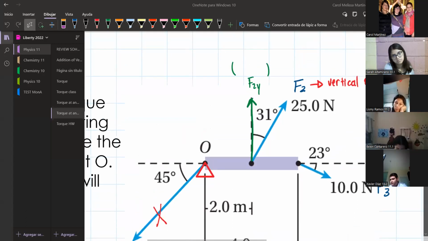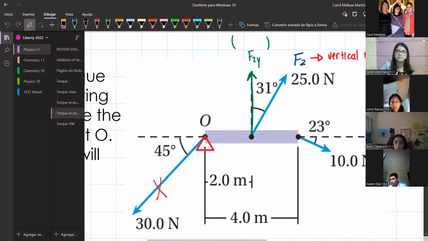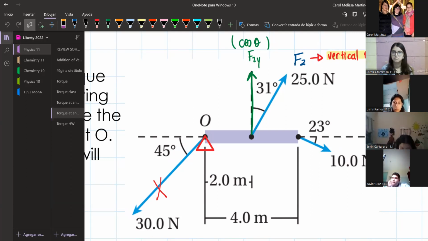Cosine of the angle, because it's a vertical angle. Remember, for vertical angles, the vertical component is with cosine, and the x component is with sine.